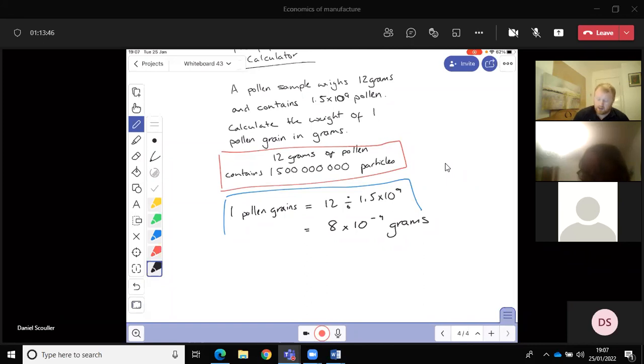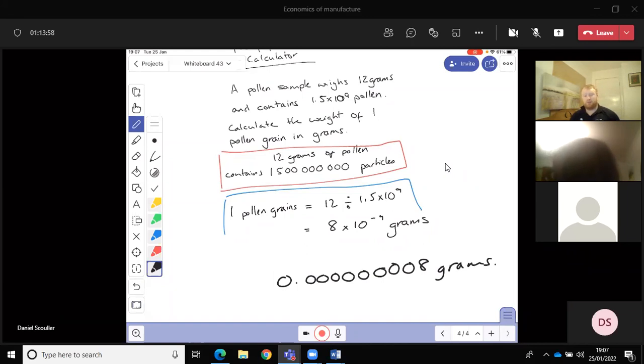So that 8 times 10 to the negative 9 grams, does that make sense? Yeah, sort of. Pollen's tiny, it doesn't weigh much. We sort of know what a gram is. You know, it's not particularly big, but you know it's heavier than a grain of pollen.